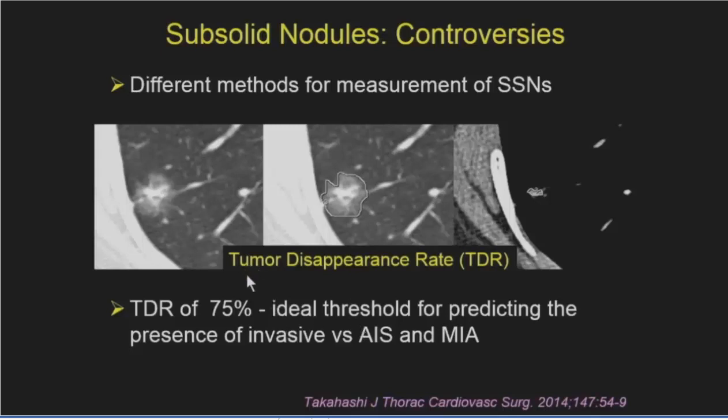One of them is the so-called tumor disappearance rate, which is the percentage of the area of the lesion measured on the lung window setting compared to the area measured at the mediastinal window setting. So we see what percentage disappears, which corresponds to the non-solid part of the lesion. And if it's greater than 75%, then it's more likely to be an adenocarcinoma in situ or a minimally invasive adenocarcinoma.